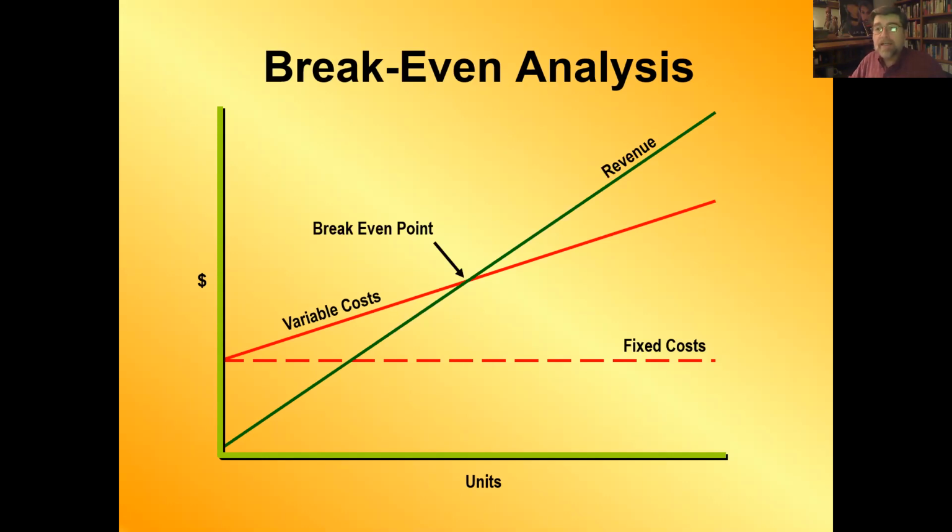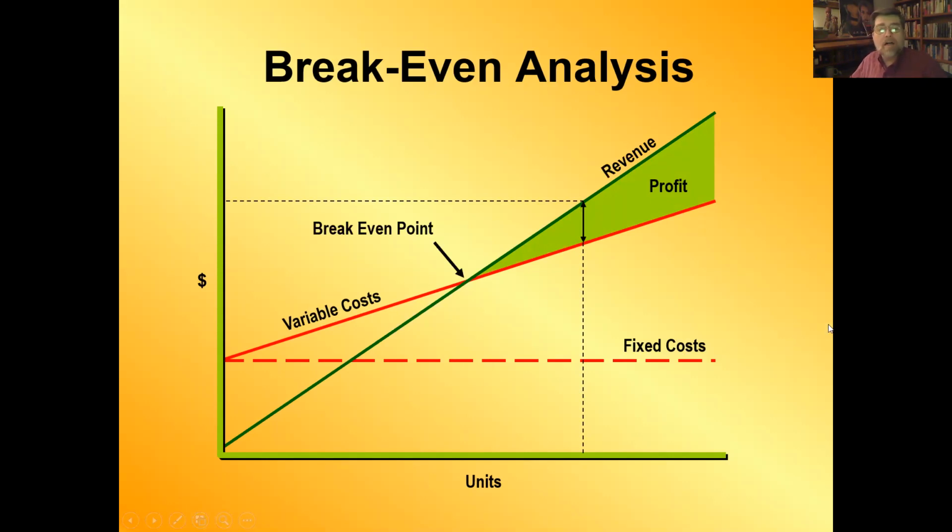Obviously, you need to break even before the financial period is over, because remember, those fixed costs reoccur. So let's say we're talking about a month. I need to reach that break-even point before the end of the month. Of course, hopefully I will go beyond the break-even point, because I do want to make a profit. Let's say this line represents how many I've sold, so that will determine how much profit I make.